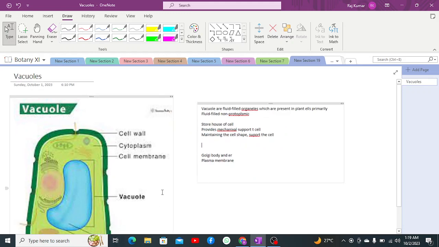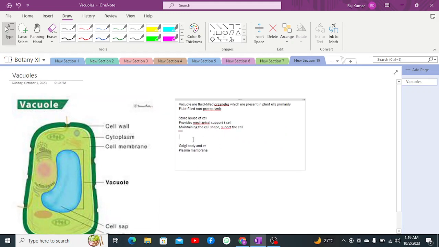And when it comes to its anatomy, it is structured in such a manner that the liquid part, the fluid part of the vacuole, also known as the hyaloplasm of the vacuole, contains water and minerals.